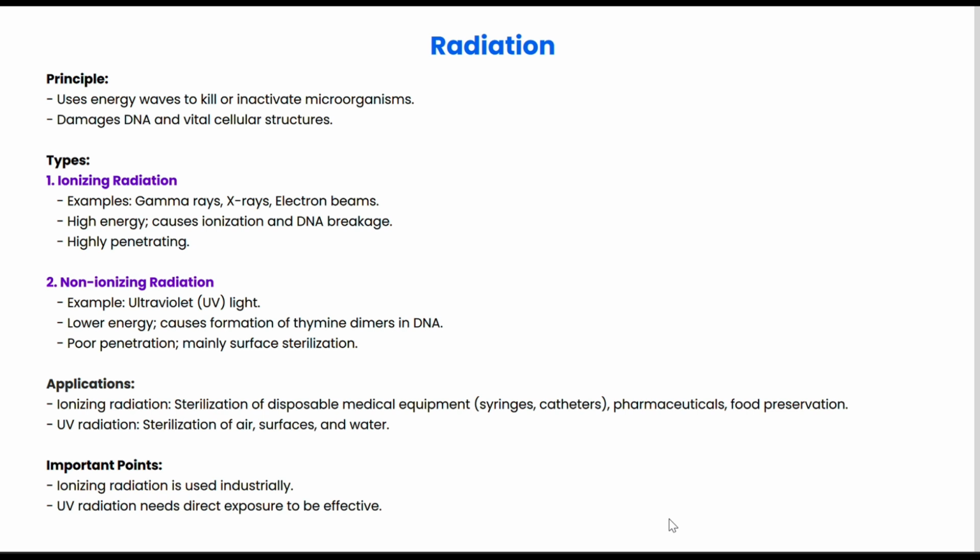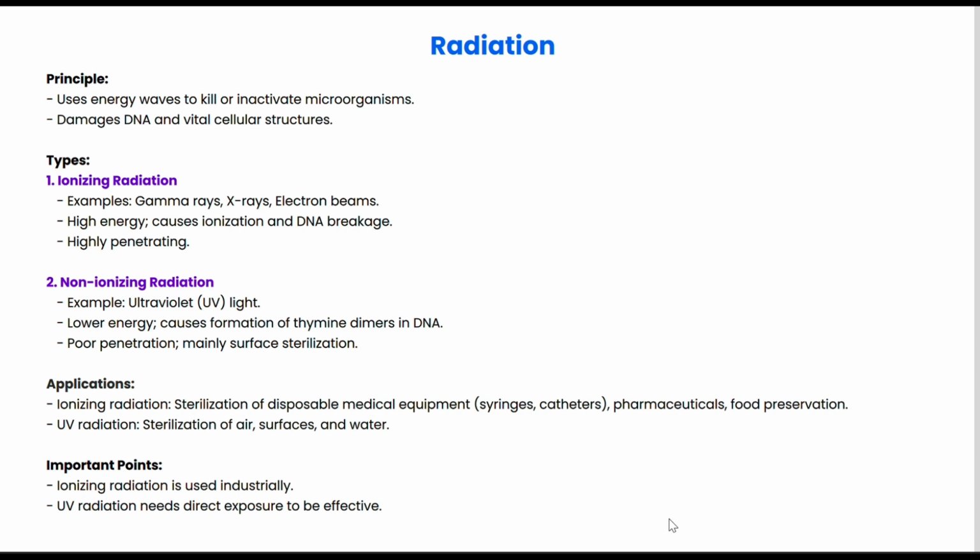Now let's dive into radiation sterilization, a method where we use energy waves to destroy microorganisms. The basic principle is that radiation damages the DNA and other essential components of microbes, preventing them from reproducing and leading to their death. There are two main types of radiation. Ionizing radiation includes gamma rays, X-rays, and electron beams.